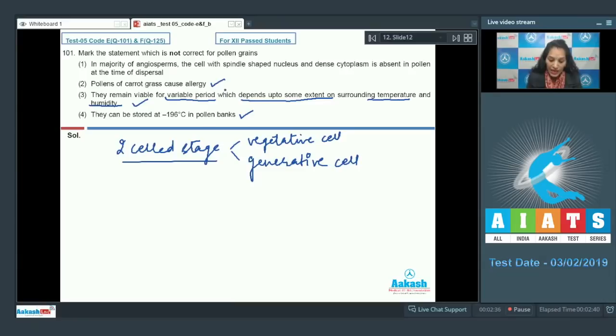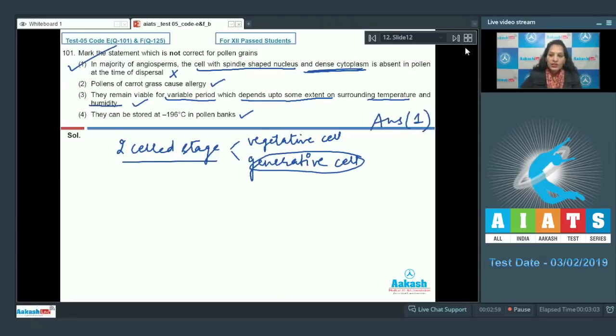So you should know that the cell with spindle-shaped nucleus and dense cytoplasm is the generative cell. So this generative cell is present in the pollen grains at the time of dispersal. So this is not correct. So the correct option for the given question is option number 1.